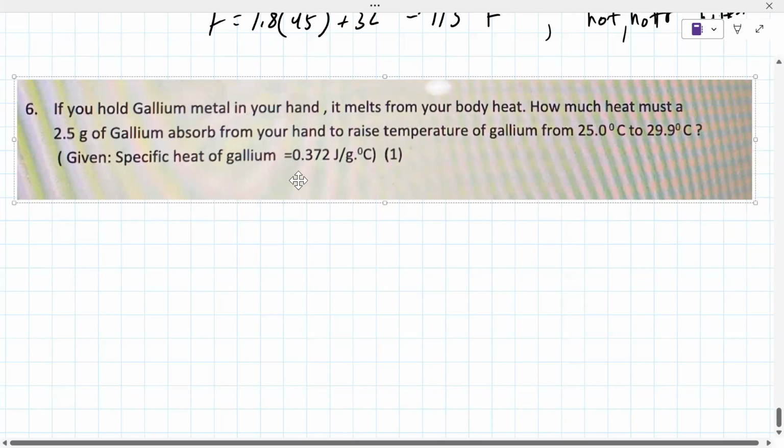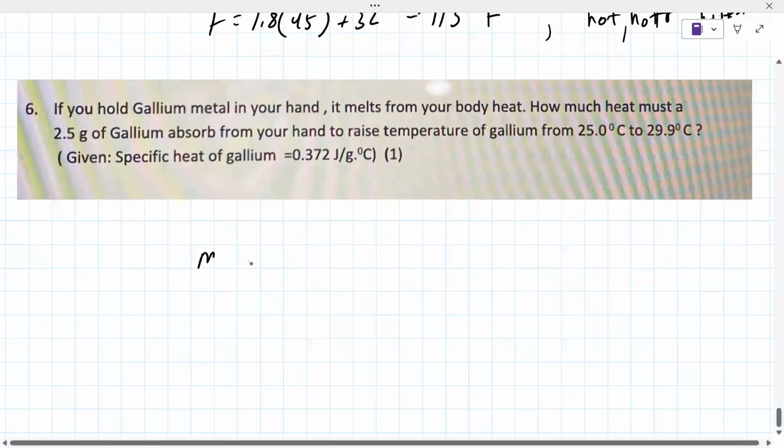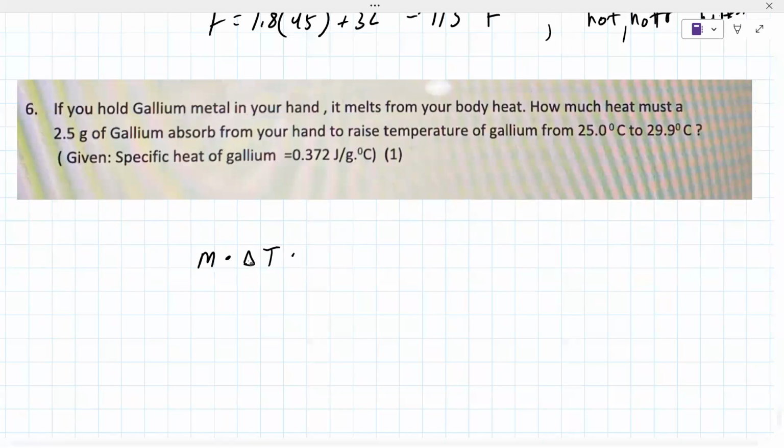The specific heat of gallium is given. The equation is Q equals mass times specific heat times delta T. It is in grams, so 2.5 times the change.